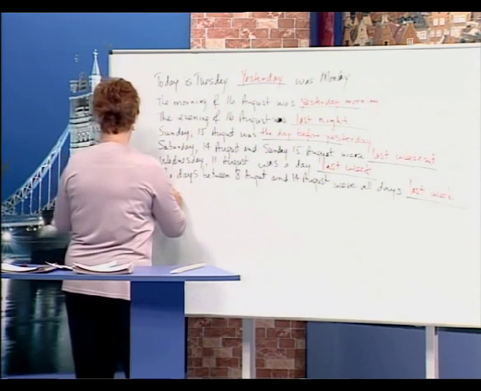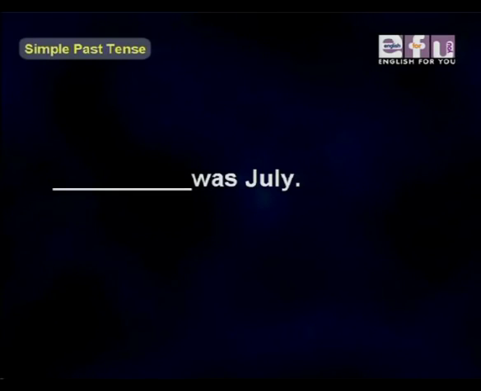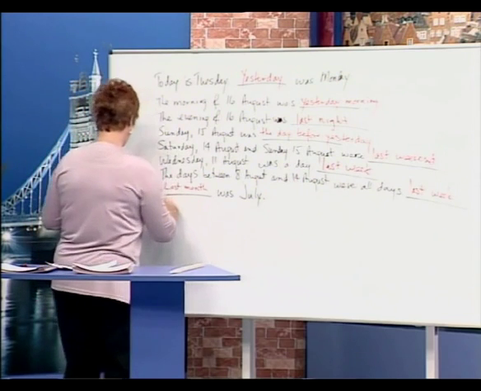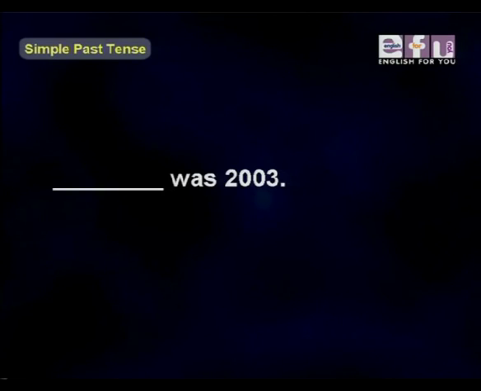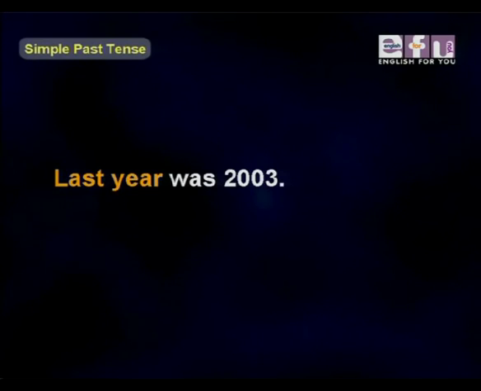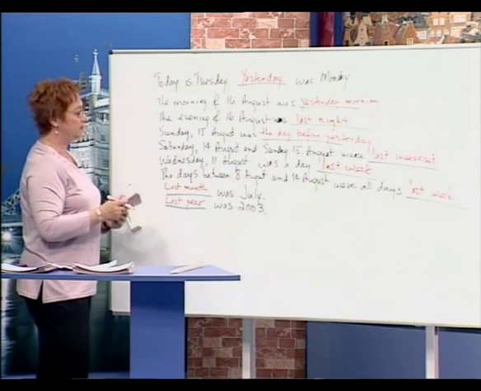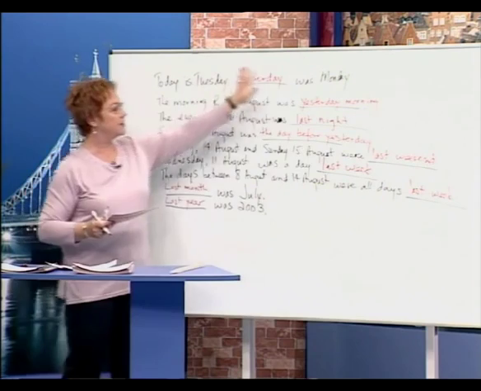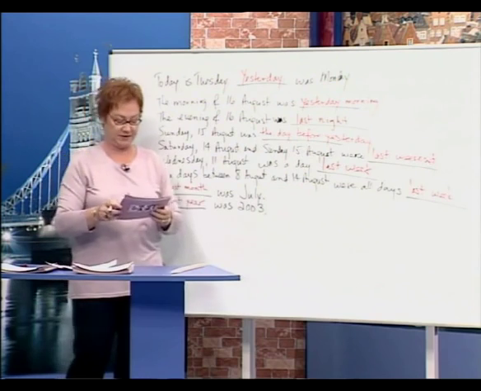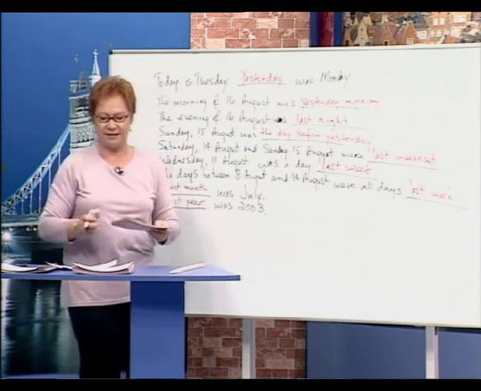Okay, Susan, this one's kind of easy. Last month was July. And Ali, an easy one for you. Last year was 2003. Yes, last year was 2003. Okay, so you can see all of these time words, and you can see the past tense verbs. Okay, now let's practice some more.